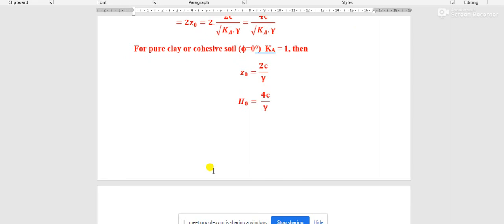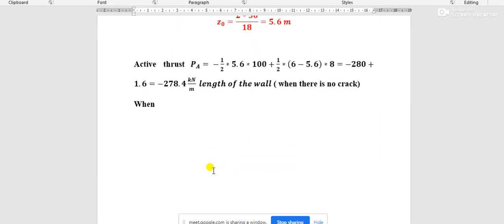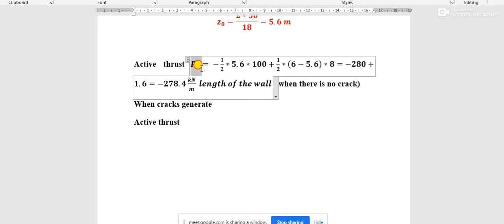Then when cracks generate, the active thrust PA equals to only this part.